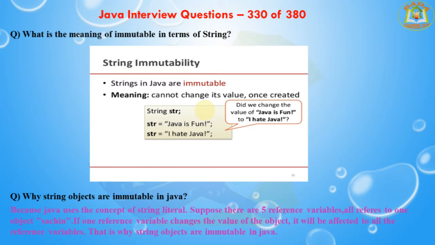The next question is, why are string objects immutable in Java? Because Java uses the concept of string literals, or the string constant pool.